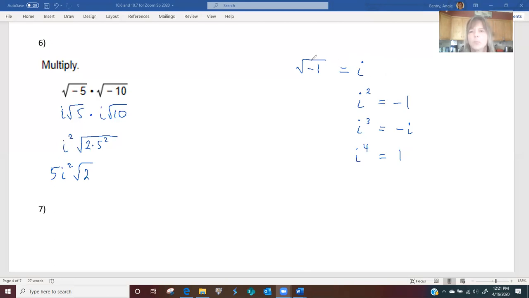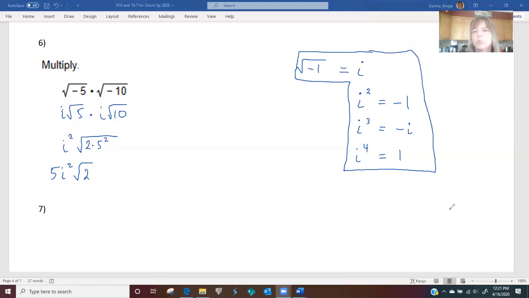But so square root of negative 1 is i. And then these ones here, I'm telling you, just memorize them. It's just easier for you, okay? So memorize this box. And I can prove stuff, you know, i squared times i squared.